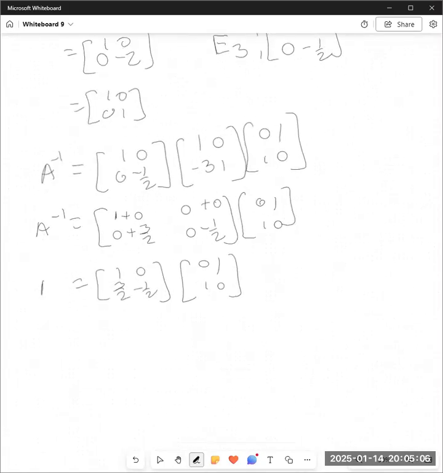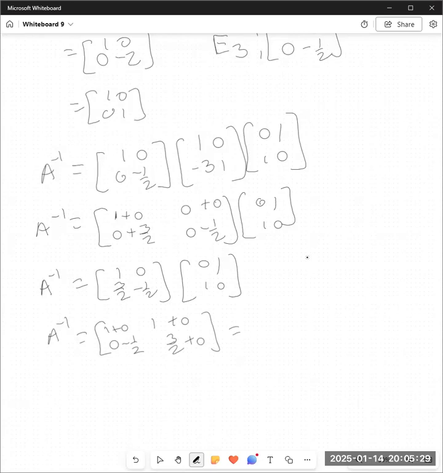And so A inverse is going to be 1 plus 0, 1 plus 0, 0 minus 1/2, 3/2 plus 0.